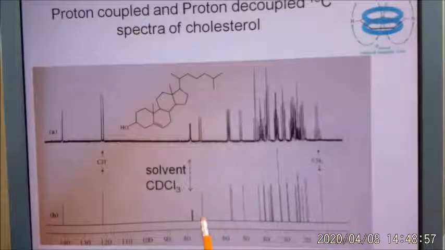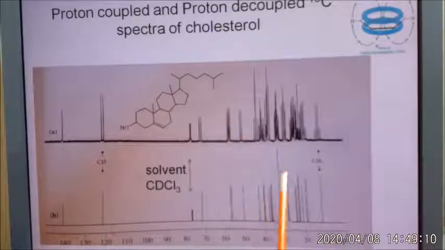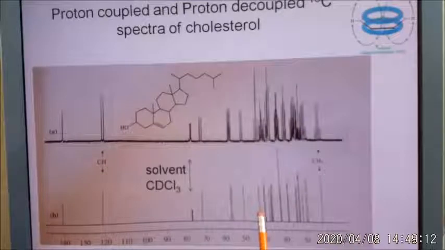Here, this went from a singlet to a doublet, so we know that has a CH group to it. This one I have 2 carbons. This looks like doublet, doublet, so it looks like I have 2 CHs, another CH. But see how messy this looks? It's starting to get difficult to try to determine how many hydrogens are on each of these carbons. So this part we'd probably need to do the DEPT.